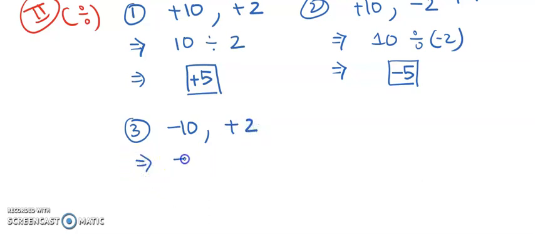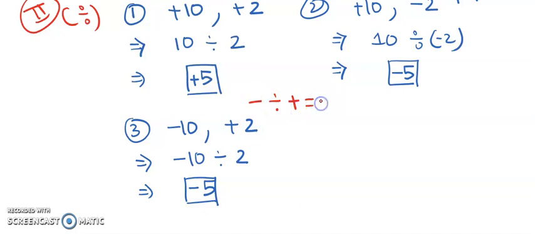If we divide minus 10 by plus 2, no need to put the positive sign. The answer will be 5 only, no change in the number. But it will be minus 5, because it should be remembered that when a minus number is divided by a plus number, the answer will always come in the negative.